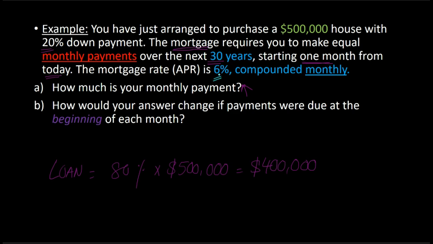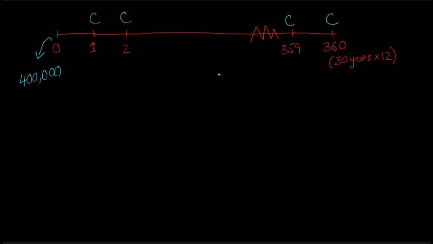This is annual. And your timeline is in terms of months. So you need to convert your annual rate into a monthly rate, which is kind of simple. You just take the 6% and you divide it by 12, basically 0.5%.